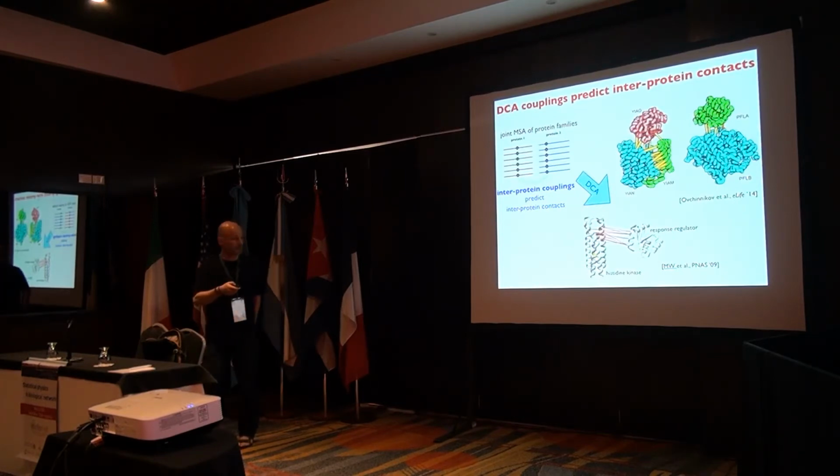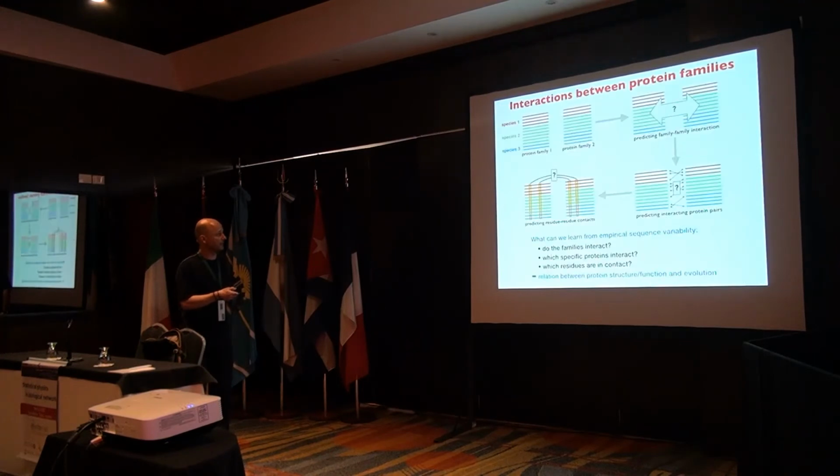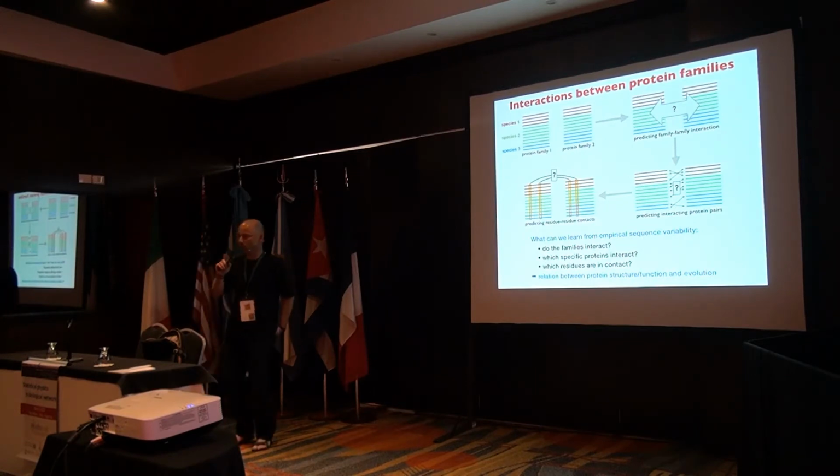But I told you that there is this intermediate problem that if you have paralogs here, and if you have paralogs here, you don't know who is interacting with whom a priori. So can we actually use the same kind of methods, similar information, to get also some insight into who is interacting with whom? So there is some intermediate step.